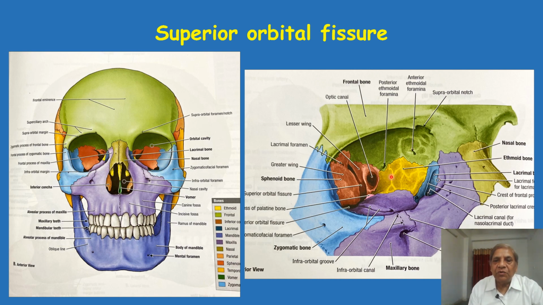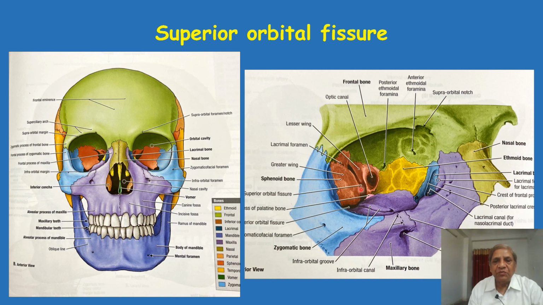The yellow colored bone is the important bone in the medial wall of the orbit, and then the floor is formed by the orbital plate of the maxillary bone, which forms the roof of the maxillary sinus. Then in the lateral wall, this pinkish structure is the sphenoid bone. Here is the body of the sphenoid, where you can see the optic canal, and lateral to it, this bone is the lesser wing of the sphenoid.